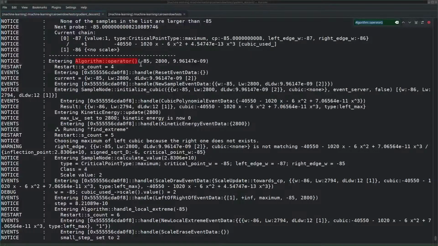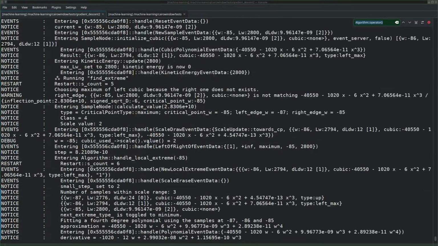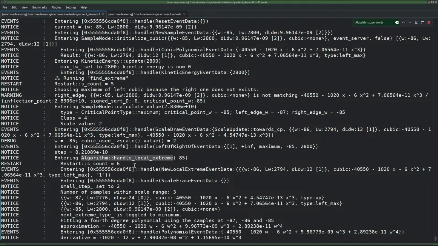It's already detected as a local extreme, I suppose. Extreme. Yeah, immediately. Because of this. Oh, yeah, yeah. So it wants to do the minus 85 again, but why would it?